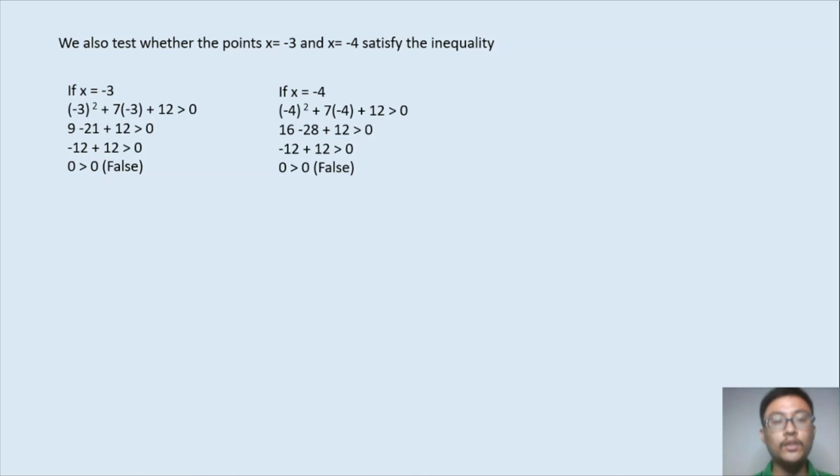So, upon reaching the final answer, that is 0 is greater than 0, which is also a false statement. Since sa inequality naman is hindi kasama si negative 3 and negative 4, since hindi naman kasama yung equal to, only greater than symbol.